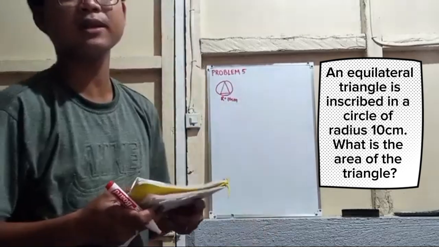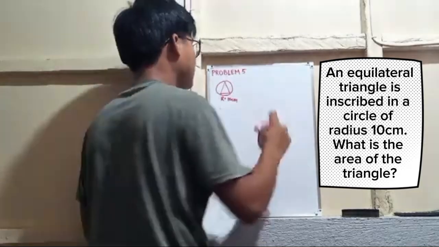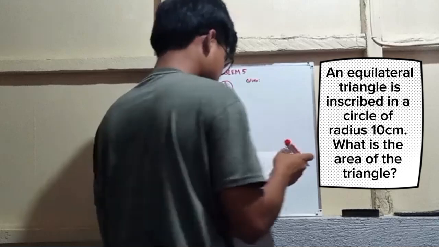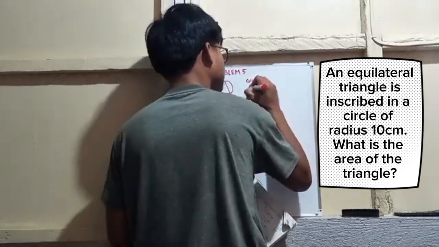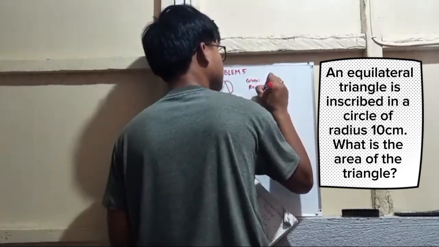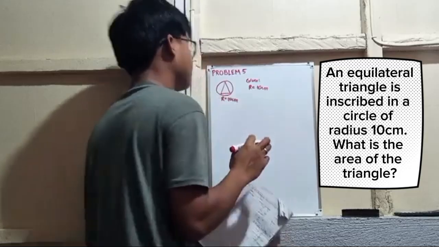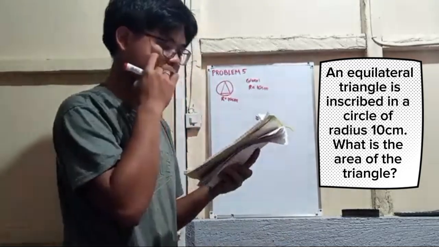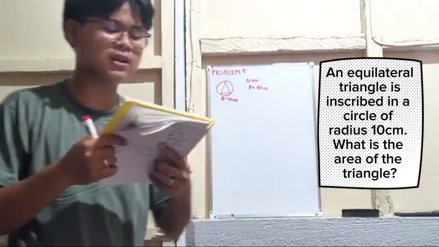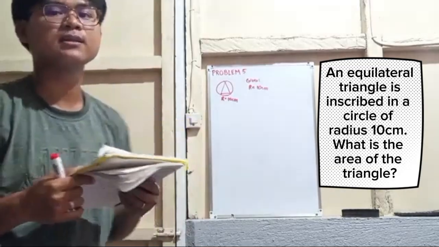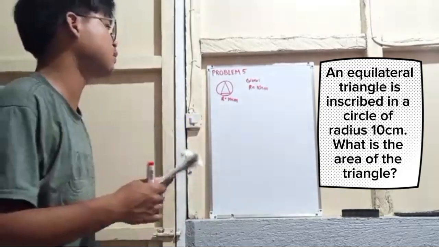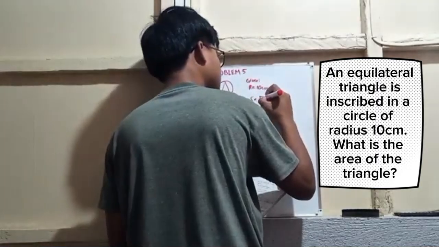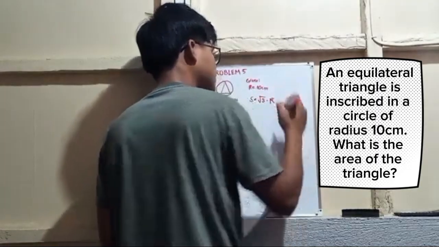So first we will determine the given. The given in this problem is the circumradius, which is 10 centimeter, and the equilateral triangle circumscribed by the circle. So using the relationship of the side and the circumradius, the formula is S equal to square root of 3 times the circumradius.